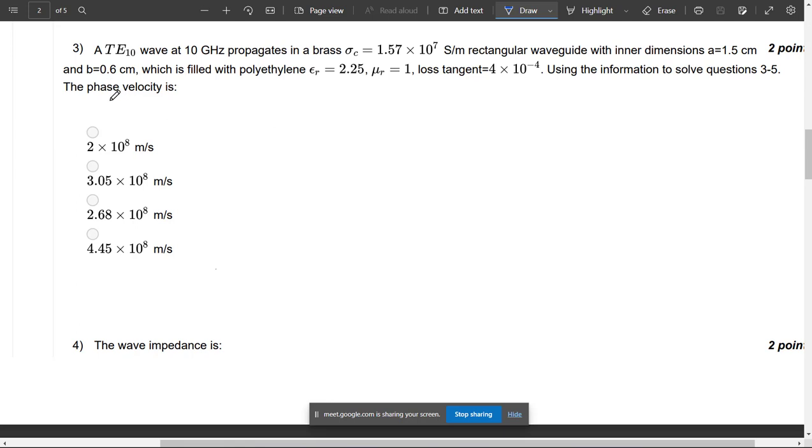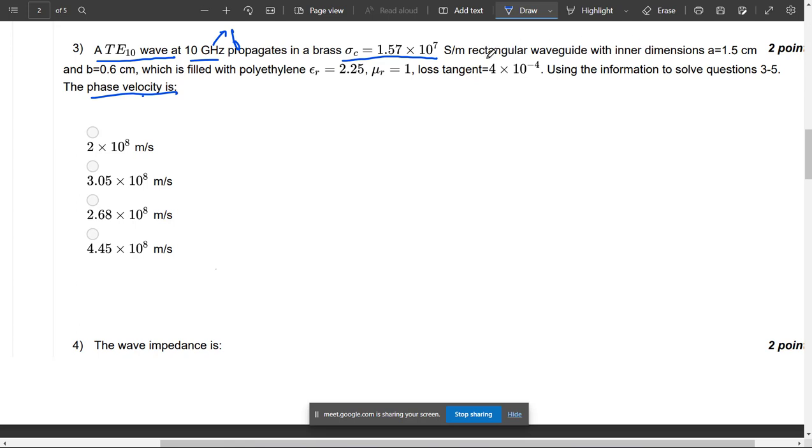So now let's try to understand the question. Here phase velocity is asked to us. TE10 wave is given, frequency is given to us, right? Conductivity is given to us, which is 1.57 into 10 to the power 7.